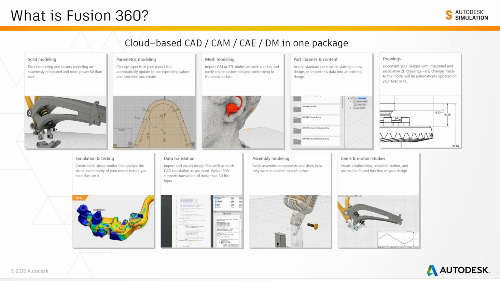Here are some of the capabilities of Fusion in a more detailed format. So we're talking about a complete solution from conception in terms of free-form modeling, parametric modeling, push-pull surfaces, mesh modification, solid modeling through assemblies, part libraries and content, drawings generation.